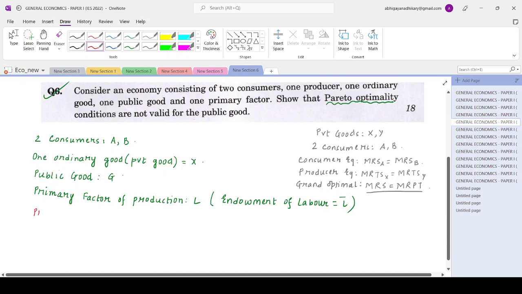Let us say that the production functions are as follows.